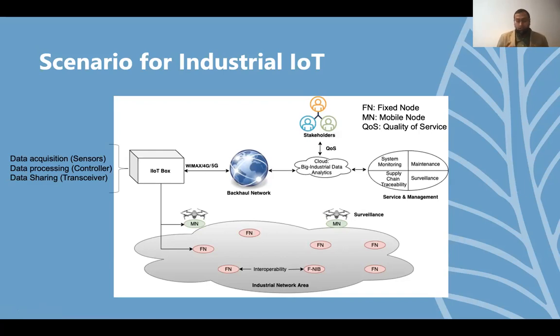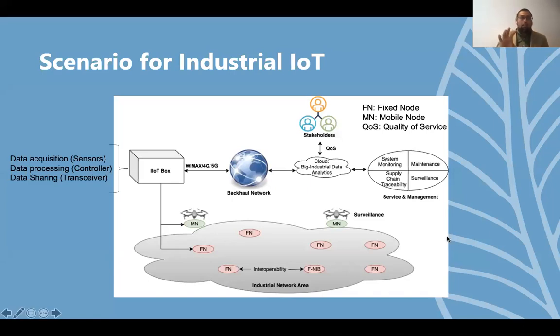You have to exploit this data based on the policy of the government, NGOs, and some organizations involved in these industrial networks. And then based on their policy, we can introduce a lot of services and management. For example, monitoring systems, maintenance systems, surveillance systems, and maybe we can think about supply chain traceability, which is also a very important and interesting area to go for further exploration.